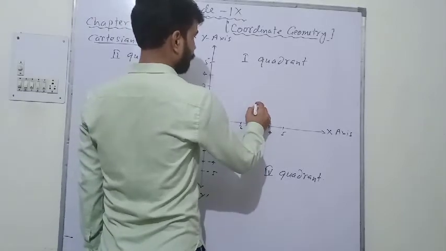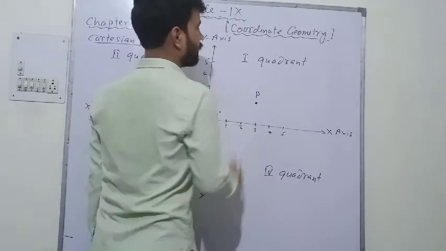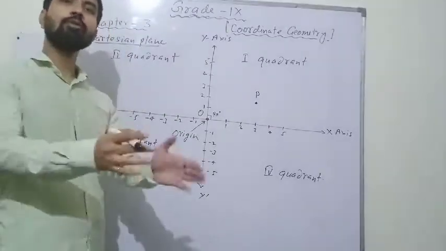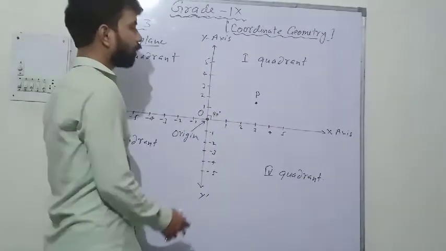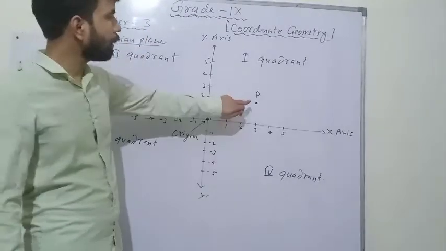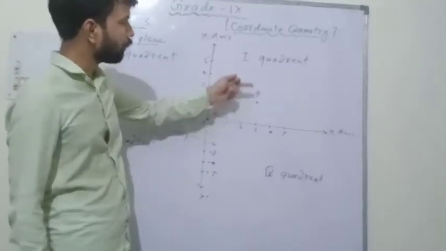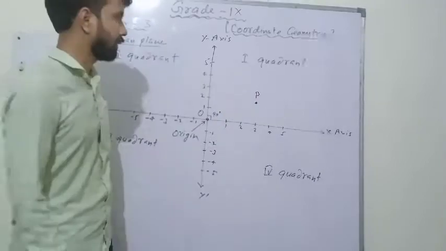Now I am considering a point here. Suppose that a point P is here, and we have to find its position. So beta, what we have to do? We have to draw perpendiculars from this point on the x-axis and y-axis.